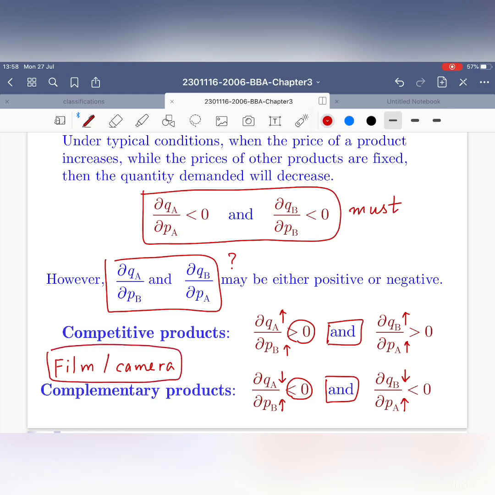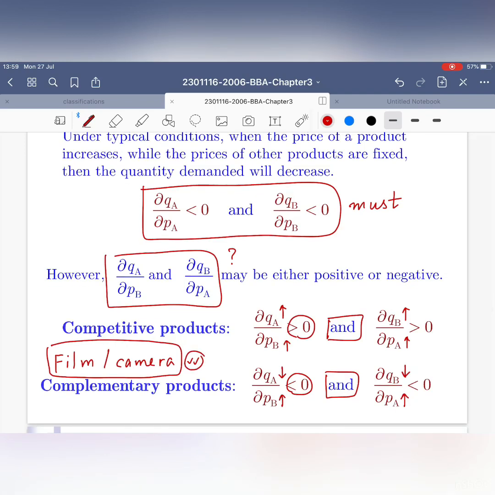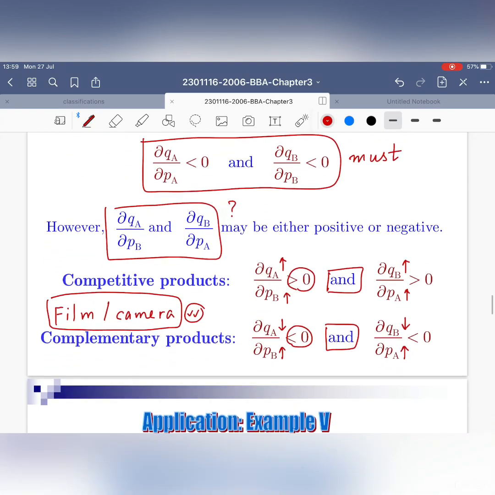Like 5 years ago, this kind of example may be too obsolete, okay? But nowadays they just come back again, because you guys know that all the teenagers now turn back to use a camera and a film again. So this can be another good example for the complementary product.